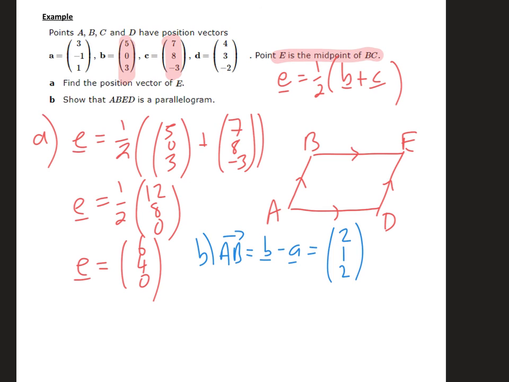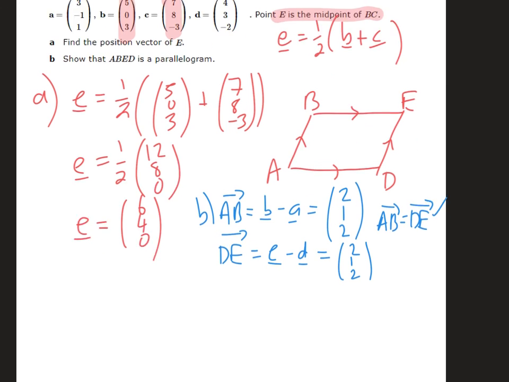Then let's do DE, so that's e minus d. 6 minus 4 is 2, 4 minus 3 is 1, and 0 minus minus 2 is 2. So this shows me that AB is equal to DE.